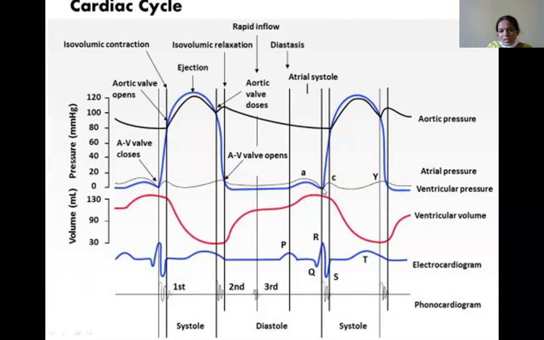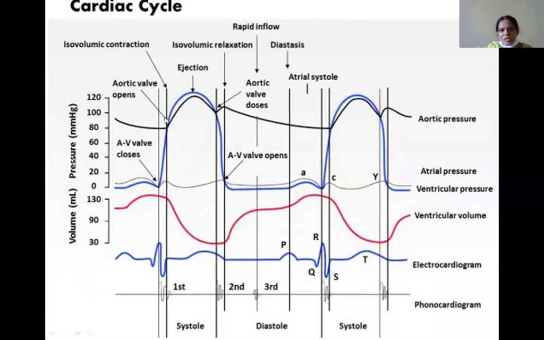Once this ventricular pressure exceeds the aortic pressure, which is about 80 mm of Hg, here you can see the aortic pressure is about 80 mm of Hg. So once this ventricular pressure exceeds that of the aortic pressure, what happens? These semilunar valves, that is the aortic valve here, will be opened.